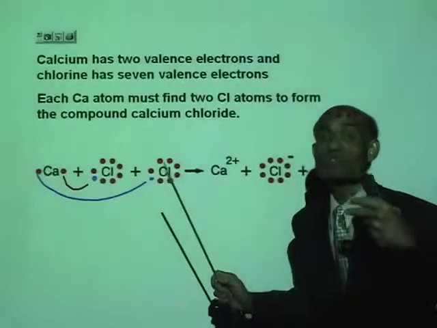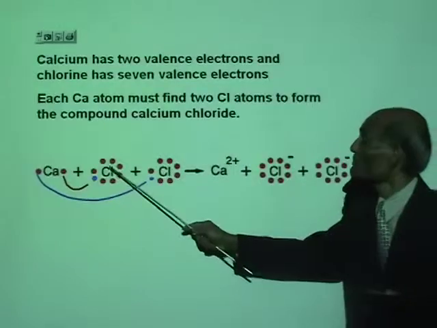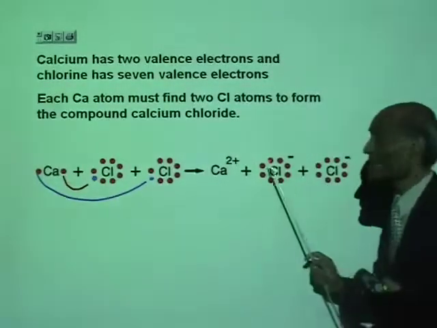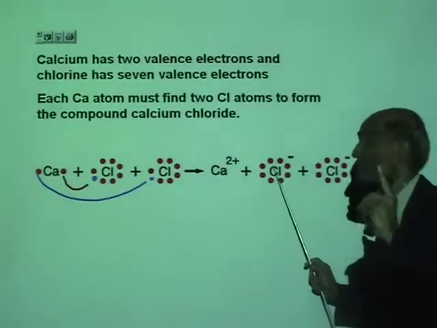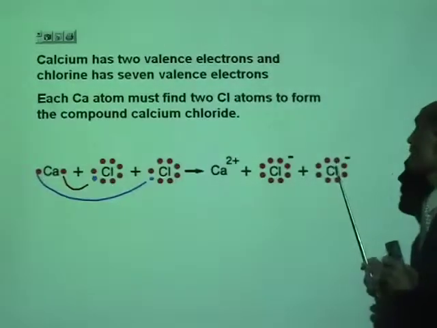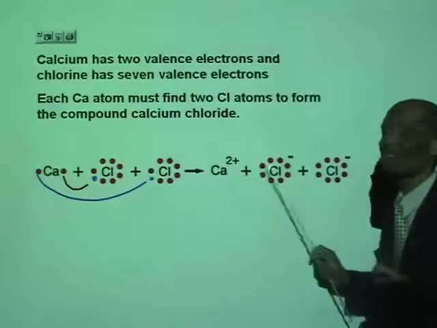It has now 2 positive charges. You see? And this chlorine that has received that extra electron is now negatively charged. There is 1 negative charge on this chlorine and 1 negative charge on the other chlorine. Isn't that a beautiful way to represent that?